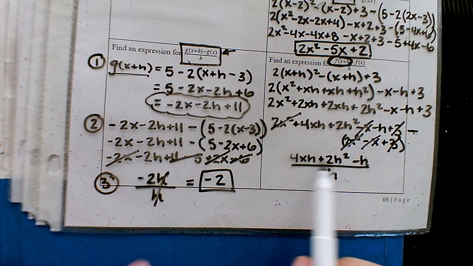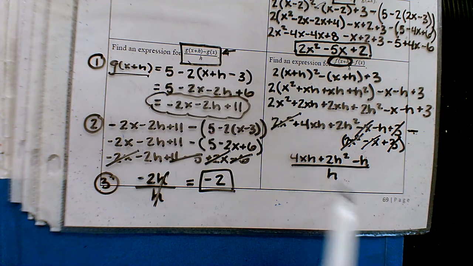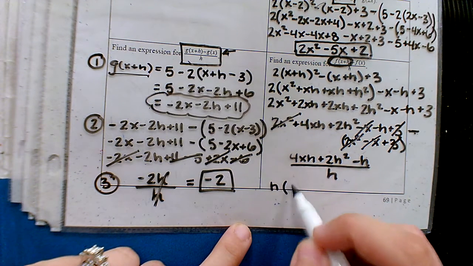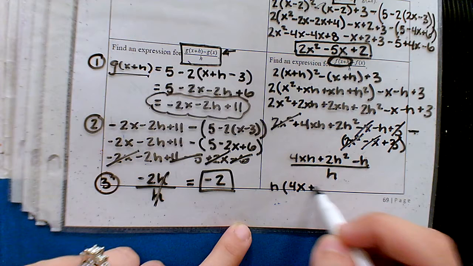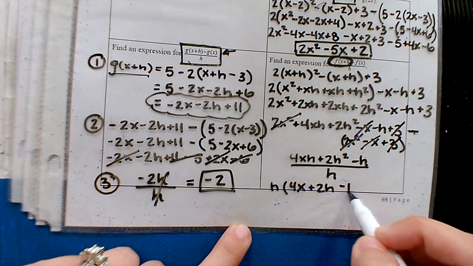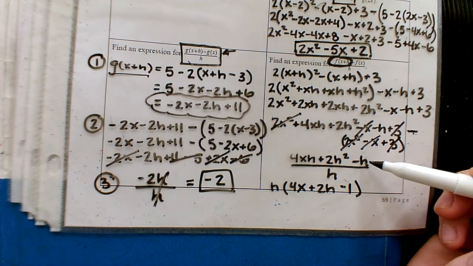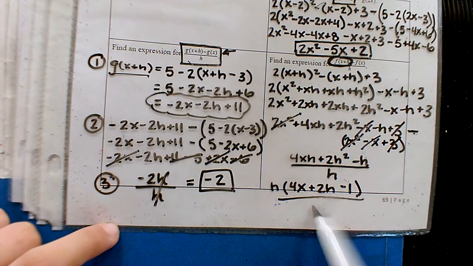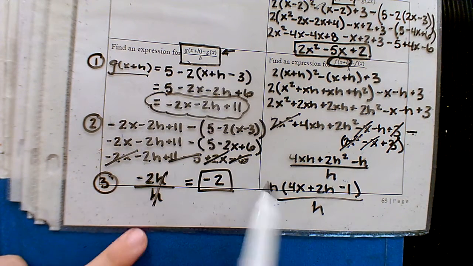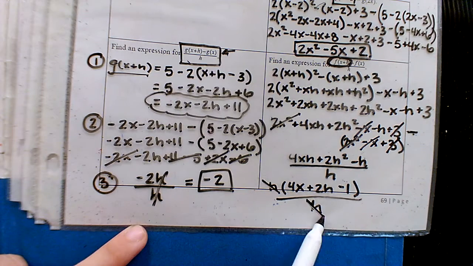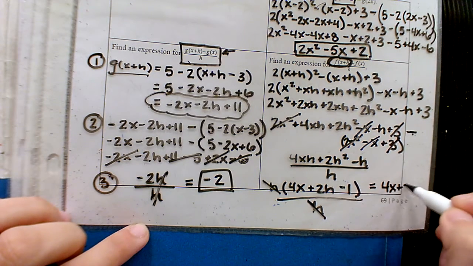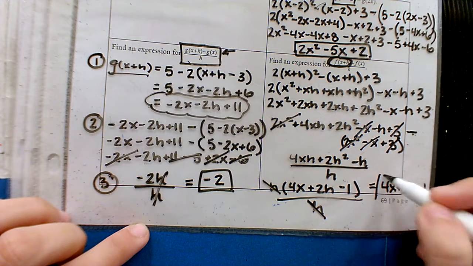If you take a look at the top, notice how every single term has an h in common. We can factor that out, pull it out of the top. So if we take an h out of every term, we're left with 4x plus 2h minus 1. That single h on the end, if you pull it out, you have a value of 1 as a placeholder. So if you pull an h out of everything, that h would cancel out with the h on the bottom. So we're left with 4x plus 2h minus 1.